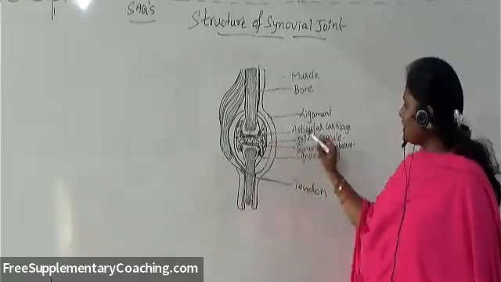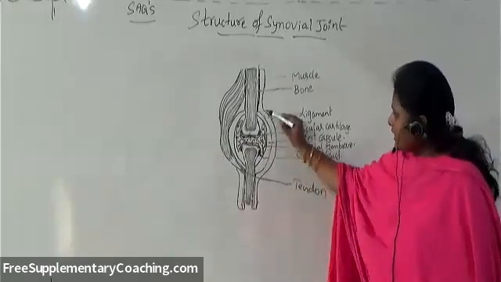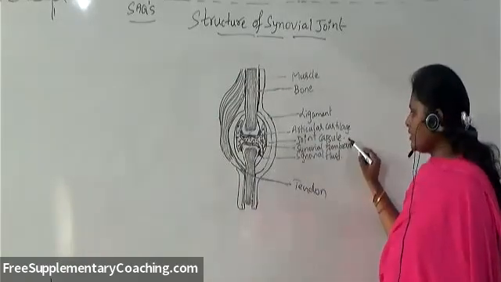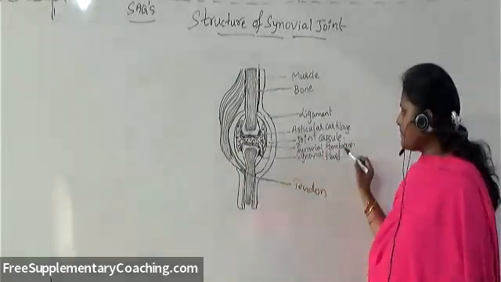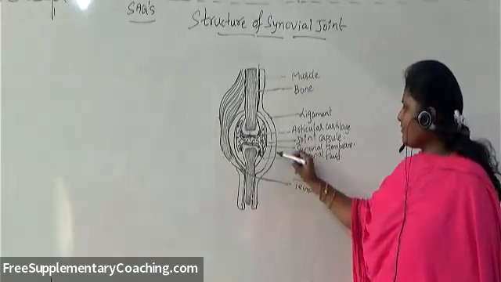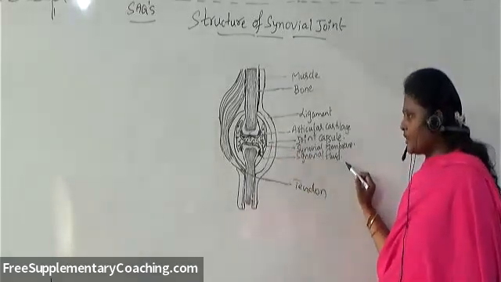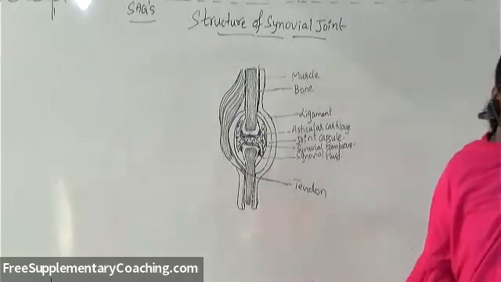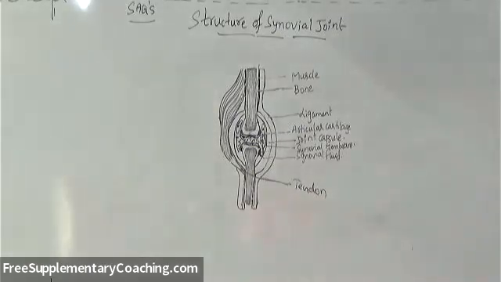This is articular cartilage, and this together is the joint capsule, synovial membrane, and inside whatever fluid is present, that is synovial fluid, and this is what? Tendon. This is the structure of a synovial joint.